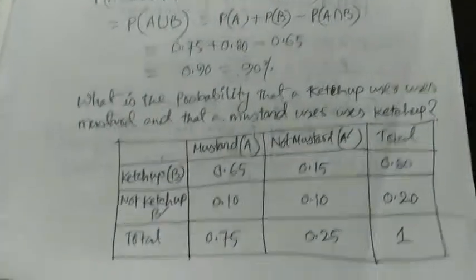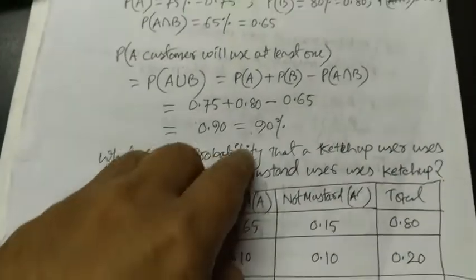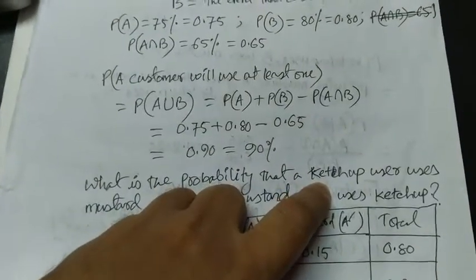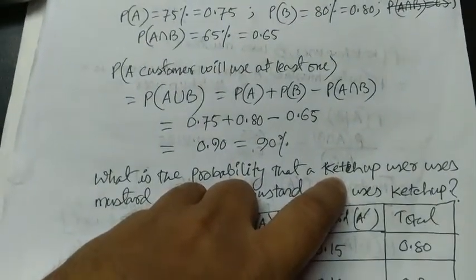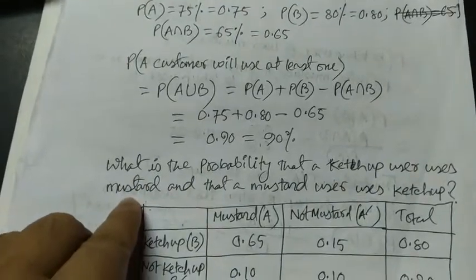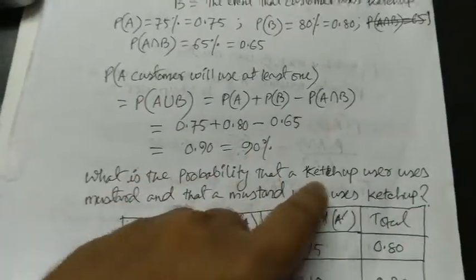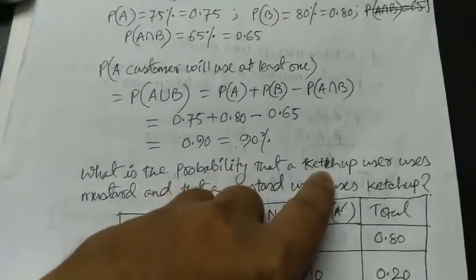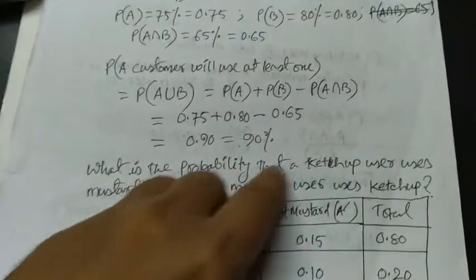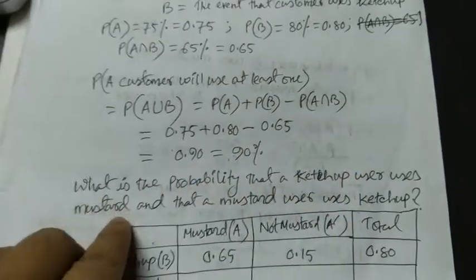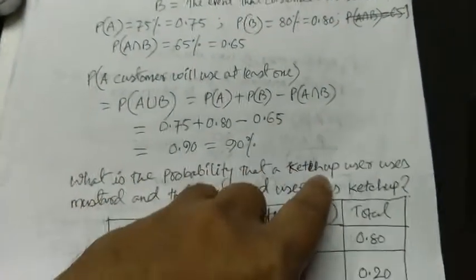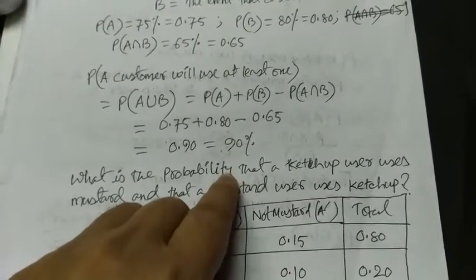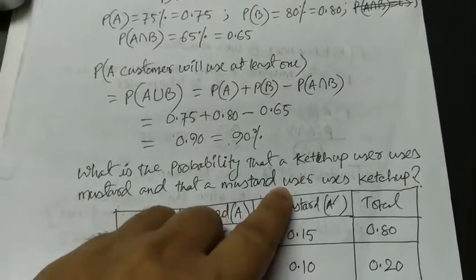So the question is asking you to find the probability of ketchup, event B, given mustard, which is A. That means probability of B given A. And again, here you need to find the probability that a mustard user uses ketchup.